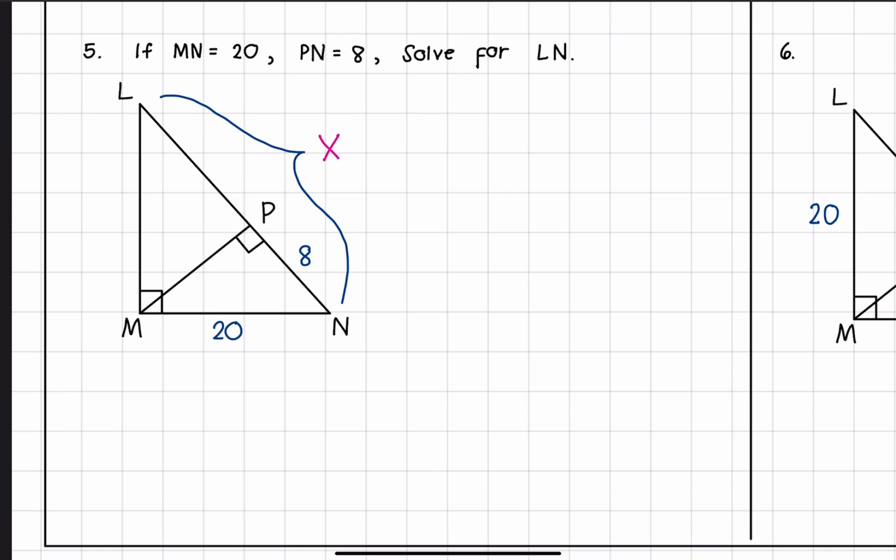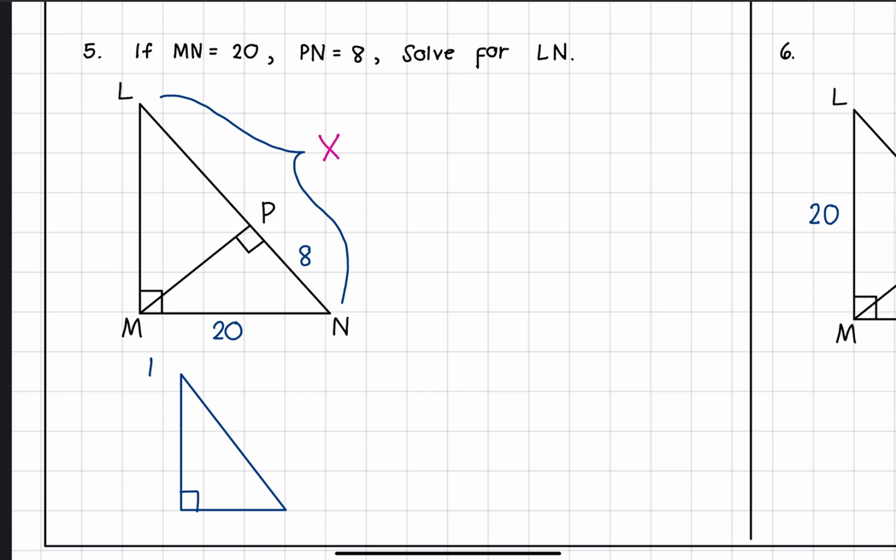So again, like what we did earlier, we have to separate the two triangles. Since we are looking for LN, I know that I need to include the biggest triangle here, which is triangle LMN. So first I'm going to draw the triangle LMN.